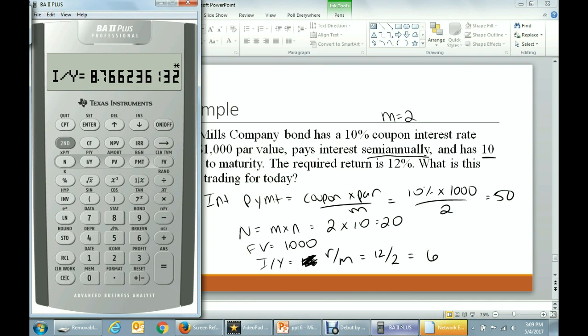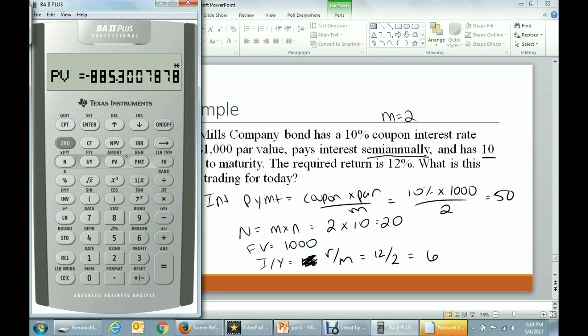So let's work this out in our calculator. First, clear your time value of money. We have a payment of 50. Future value is the face value of 1,000. Our N is 20. And our required return is 6%. So let's compute our present value.